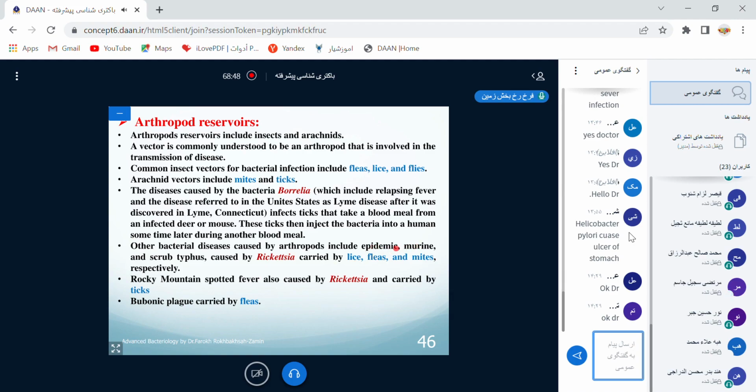Murine typhus is transmitted by fleas. And scrub typhus is transferred by mites. So you can see that different types of typhus have different types of arthropod vectors and reservoirs.